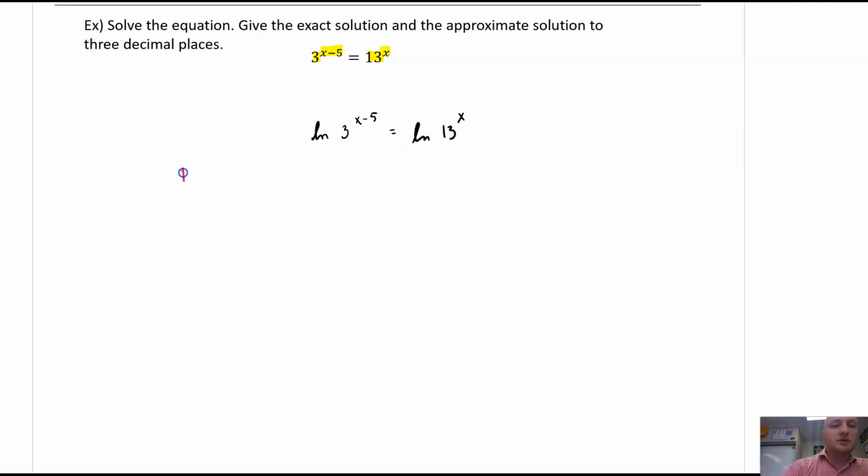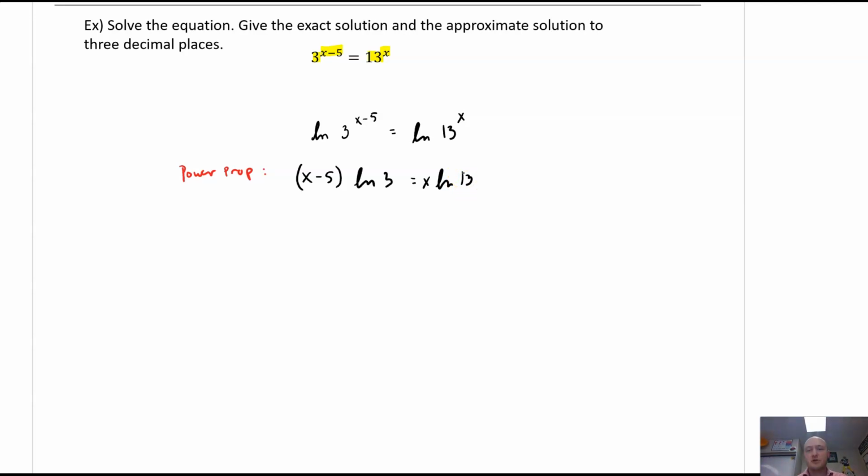And here's where I'm going to use the power property. And I get x minus 5 times the natural log of 3 is equal to x times the natural log of 13.